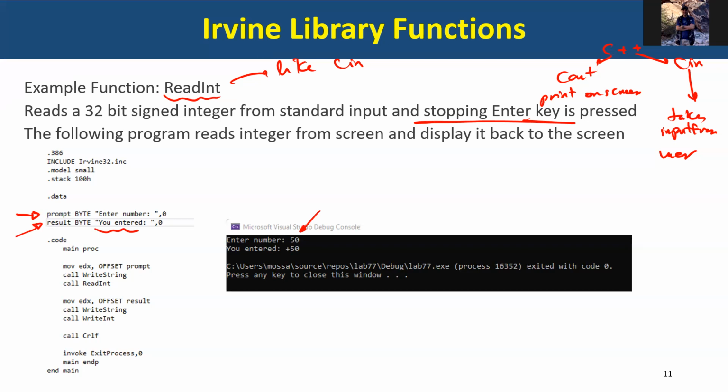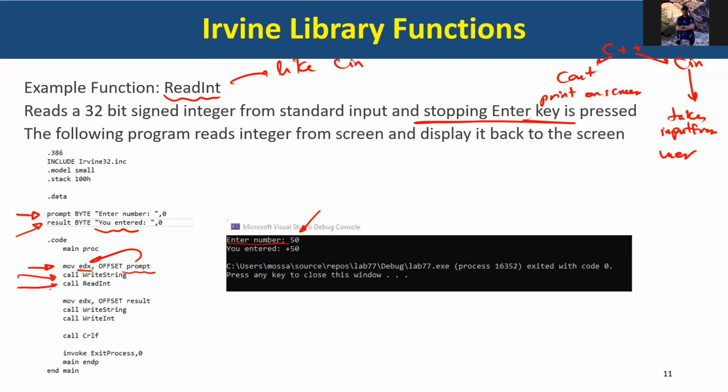One thing I forgot to mention is that when you write a string, you must put the address of the first location into the EDX register. So in the beginning, we put the address of the first location of the prompt string into EDX. Then we call write string, so that string will appear, which is enter number.